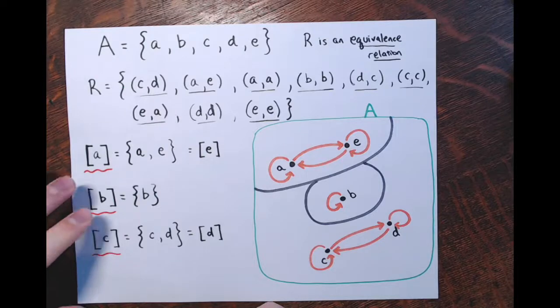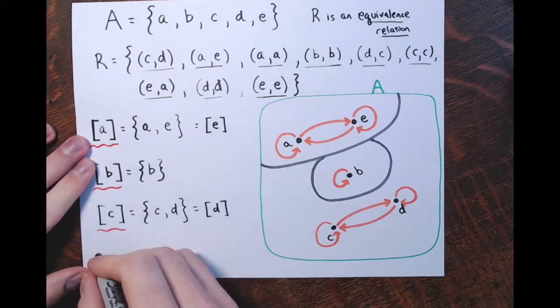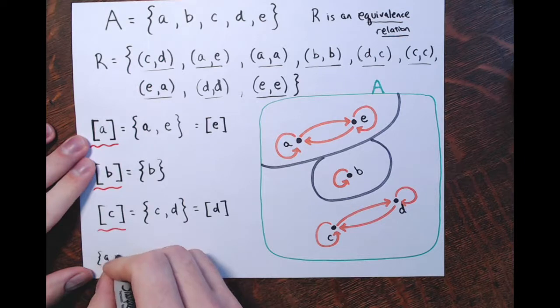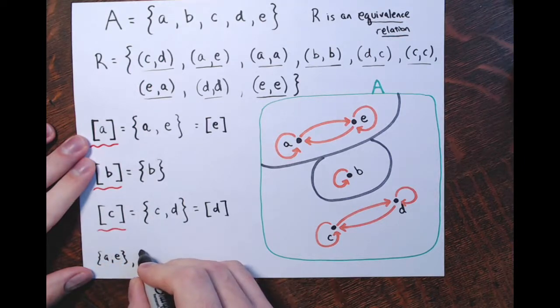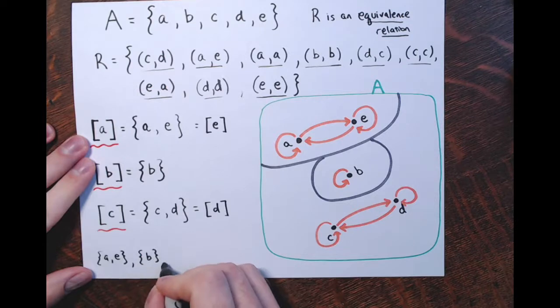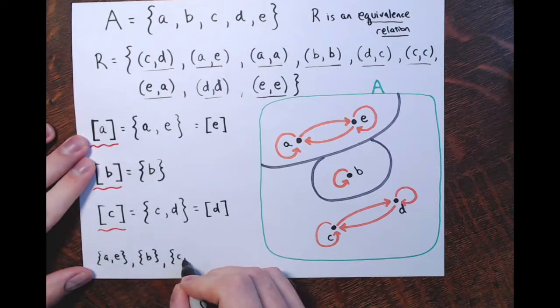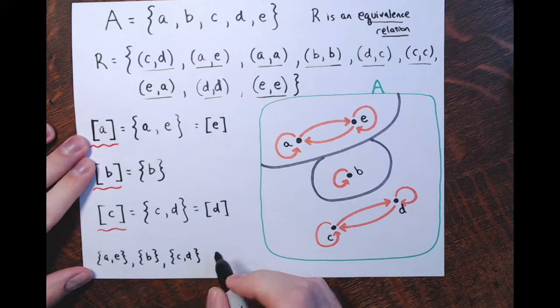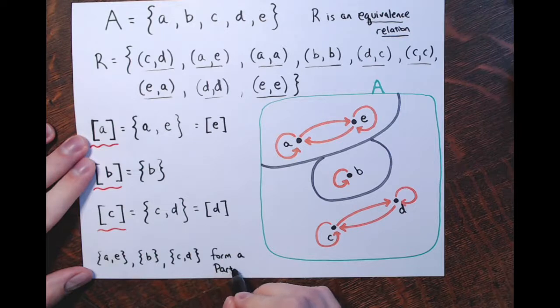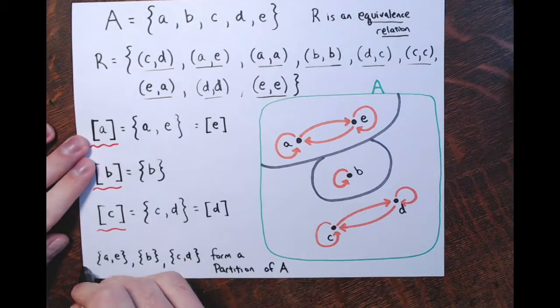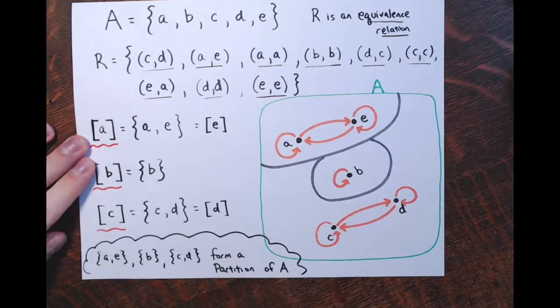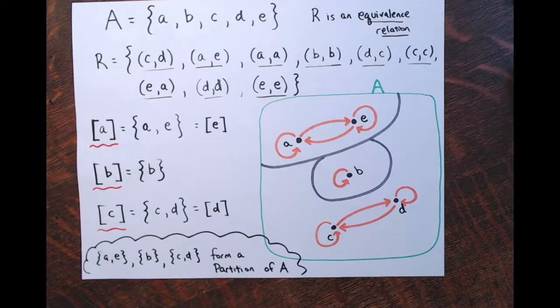Another way we could say this is that the set with A and E, the set with just B in it, and the set with C and D in it, these three sets form a partition of set A. But every equivalence relation on a set does this.